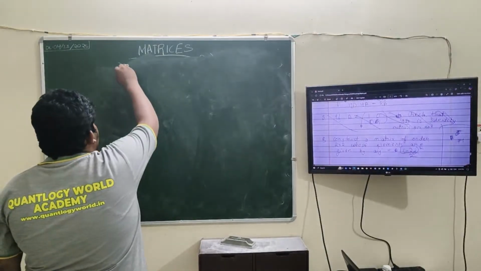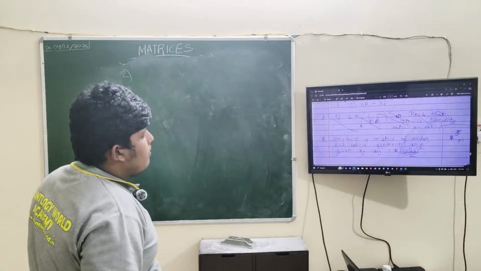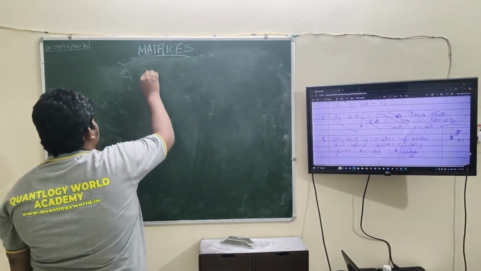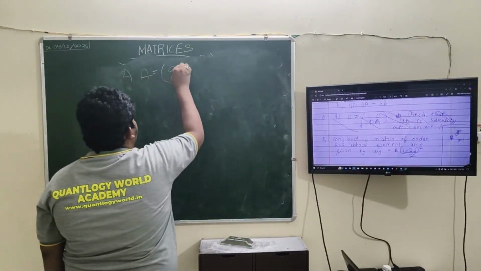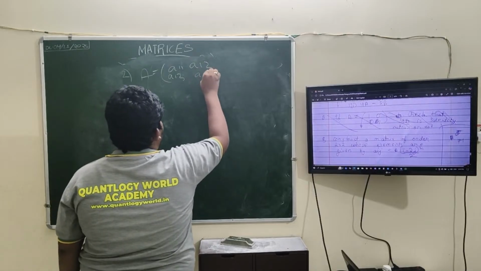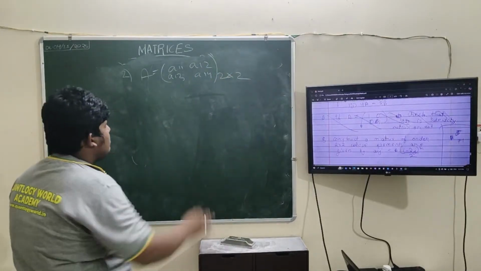The next question is to construct a 2 cross 2 matrix. The order is 2 cross 2, so let's write the order. This is a 2 cross 2 matrix.